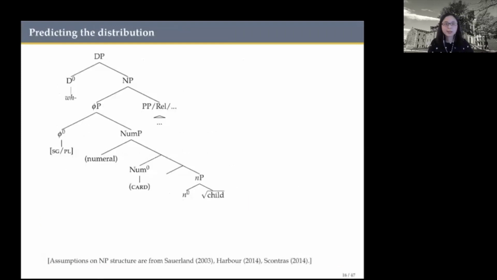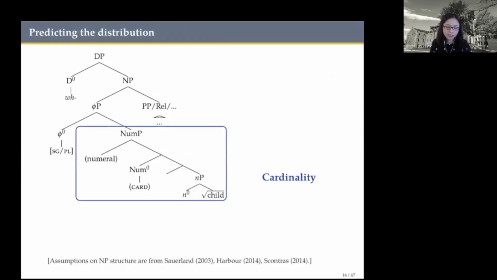To capture this contrast, I'm going to assume the structure of Davidge phrase as follows. At the very bottom of the tree, the small np denotes a semi-lattice structure, which is a set of entities closed under summation formation. And furthermore, in the presence of a numeral, the number head has a cardinality predicate that checks cardinality.